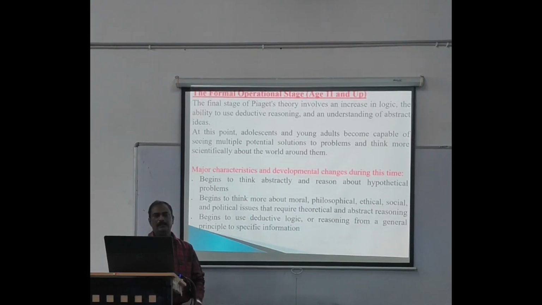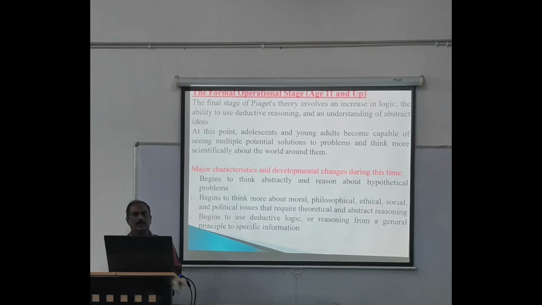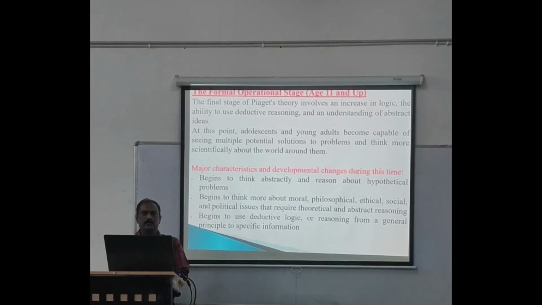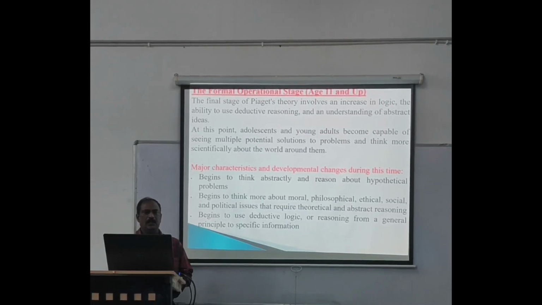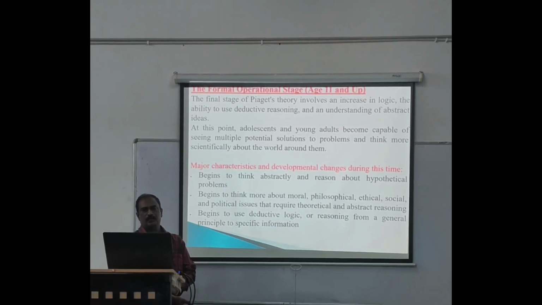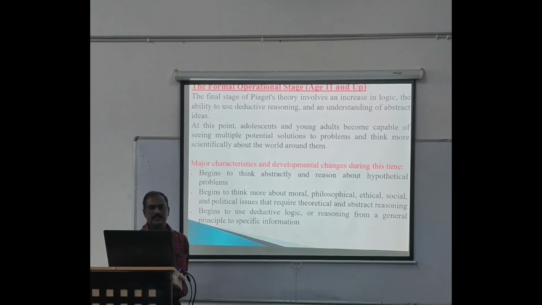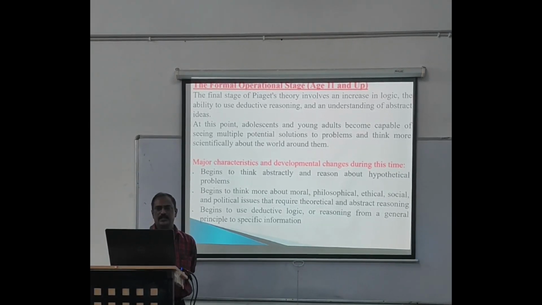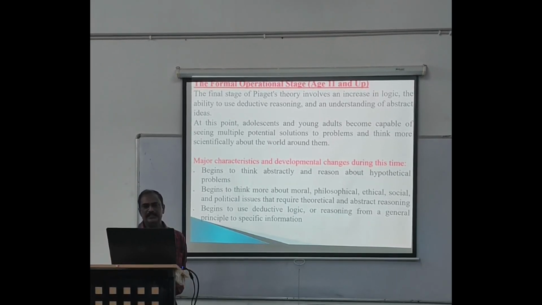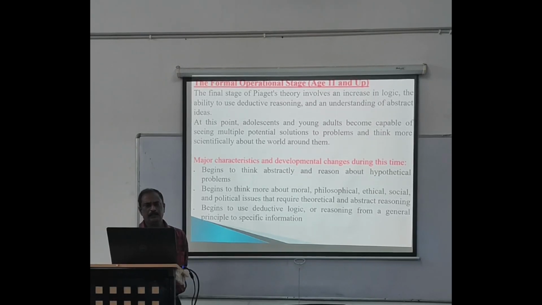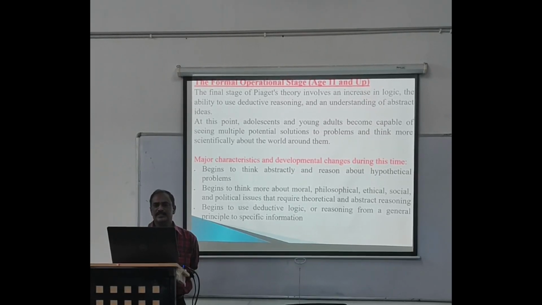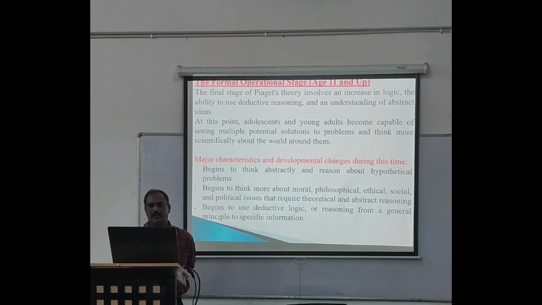And coming to the last stage of Jean Piaget's cognitive development, that is the formal operational stage, which is from age 11 and up. The final stage of Piaget's theory involves an increase in logic, the ability to use deductive reasoning and an understanding of abstract ideas.